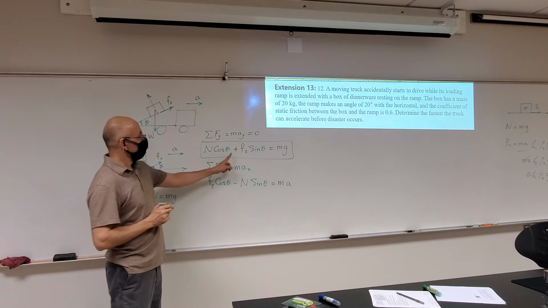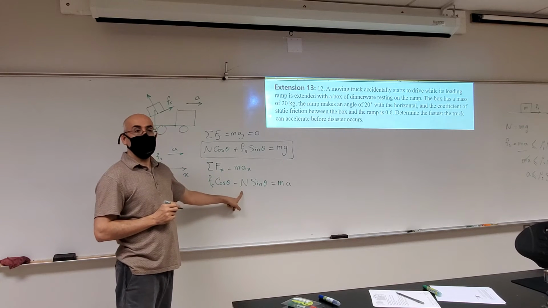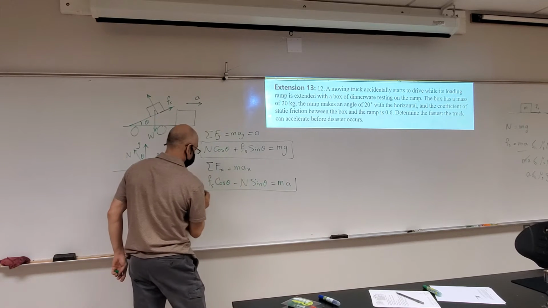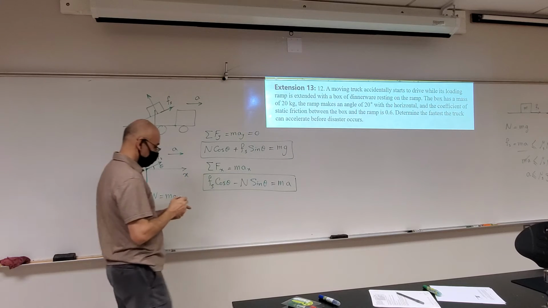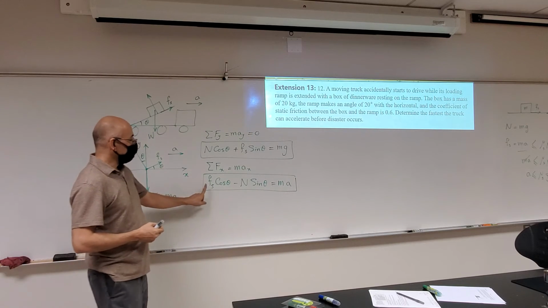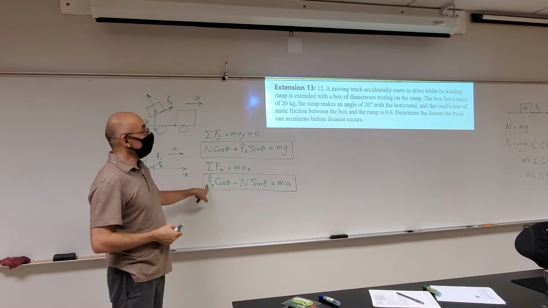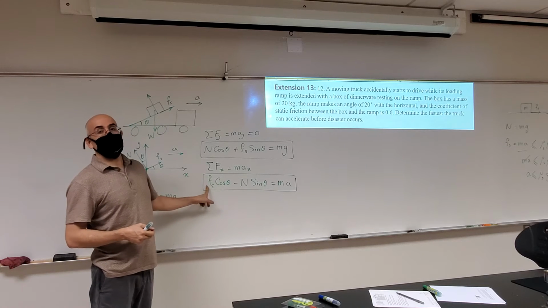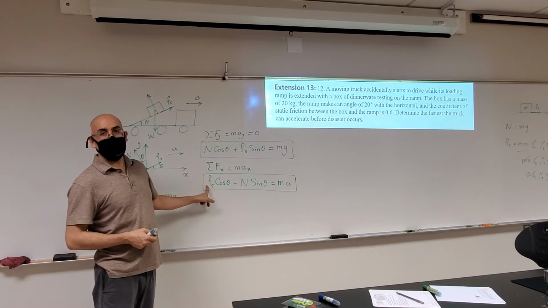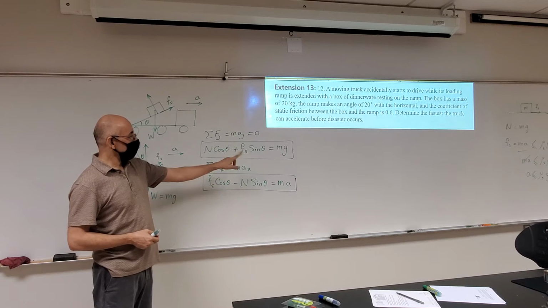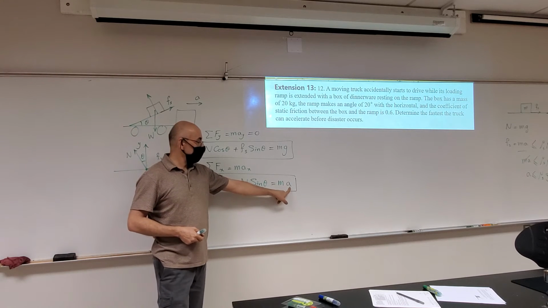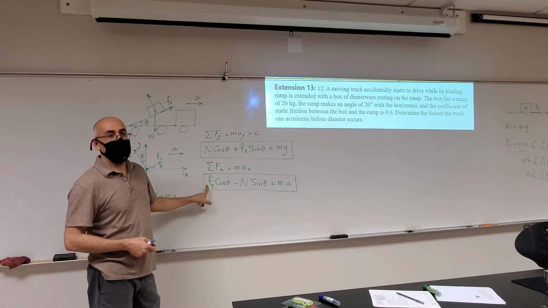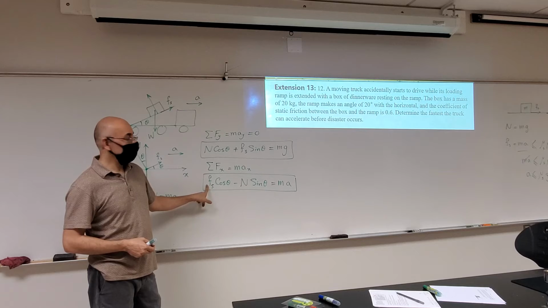So you see, Fs and N are both appearing in both equations. So we say that for the critical value of a, Fs should be at its maximum, right? So we put a max, and this becomes Fs max, and we write that equal to mu s times normal force.